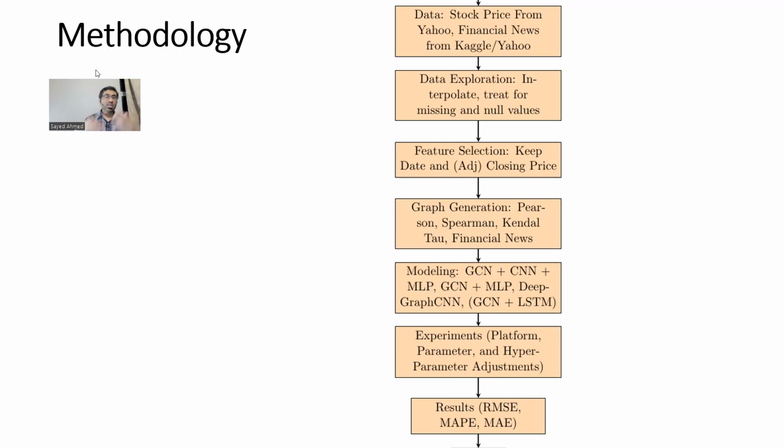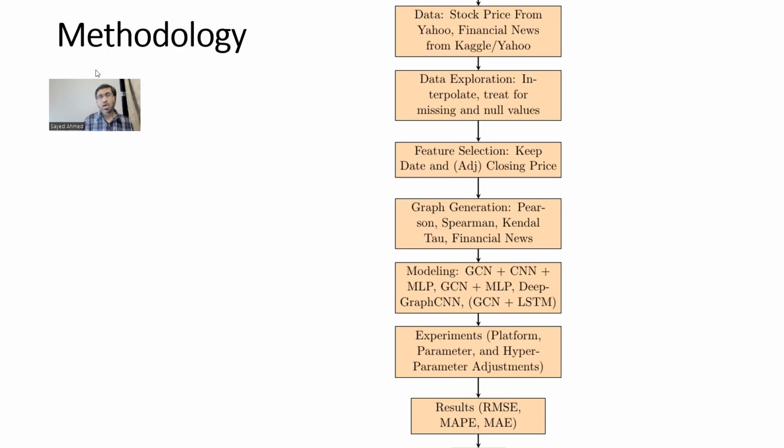I used scraped data from Yahoo and also financial news data from Yahoo stored in Kaggle. I tried another data set, stock prices from Kaggle. That was, I think, difficult to work with, and it did not reflect the paper. So eventually I needed to scrape data from Yahoo Finance.